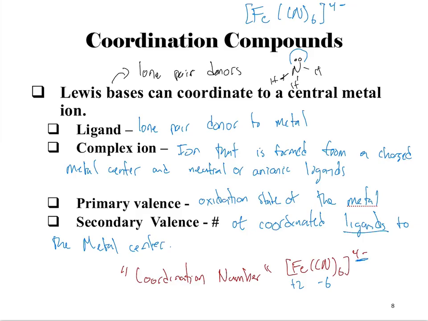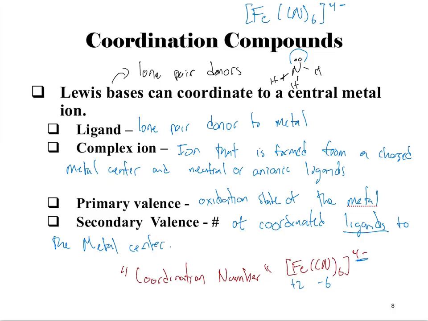I want to say it's octagonal actually, because I just remember it saying 6. Yeah, that's a good way to remember. If you have 6 atoms bonded to a central atom, usually that means you're going to have an octahedral type shape, right? Metal centers are never going to have lone pairs on them, right? So that's going to deform the structure. This is going to form an octahedral structure, right?